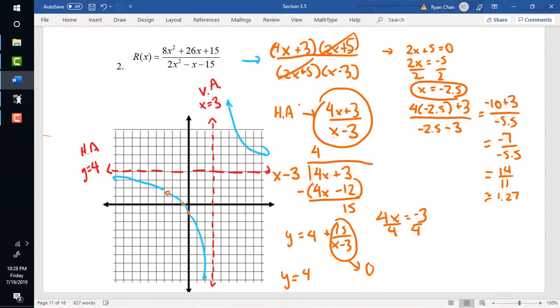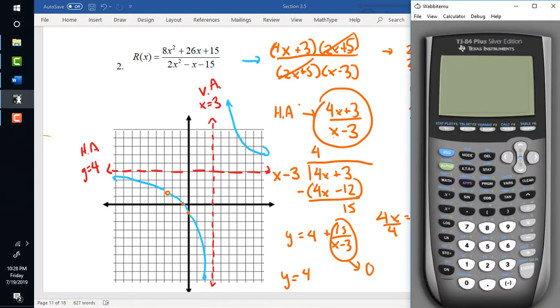And then once again, how do we know we're correct? Try to use your graphing calculator to check this out. Always put the top in parentheses and then the bottom in parentheses as well.